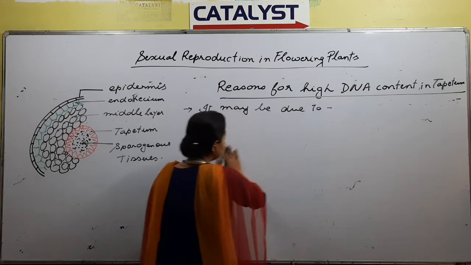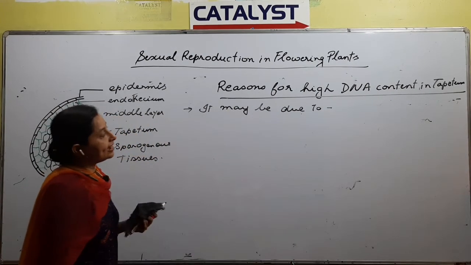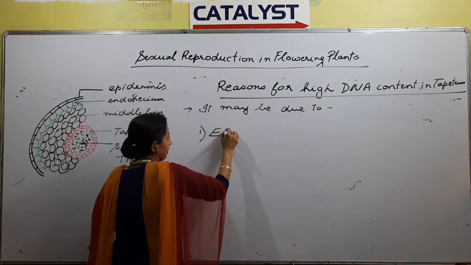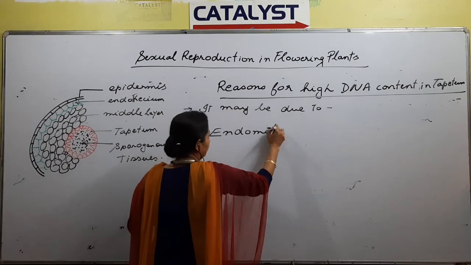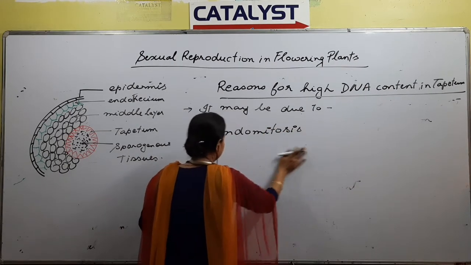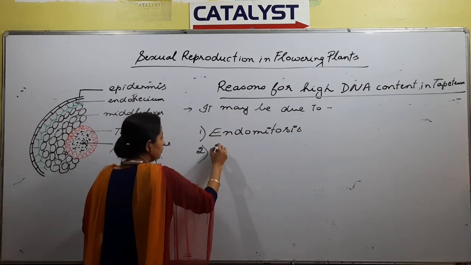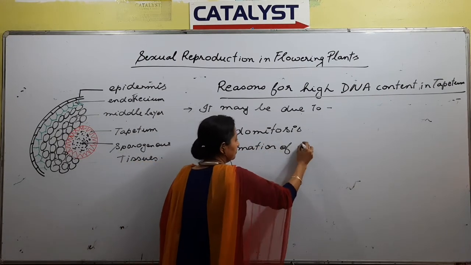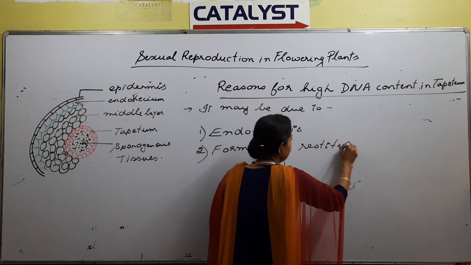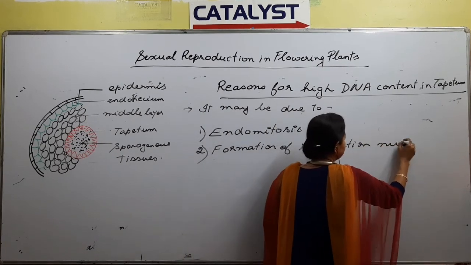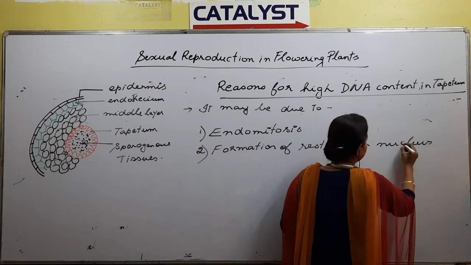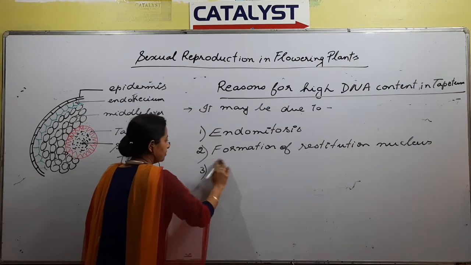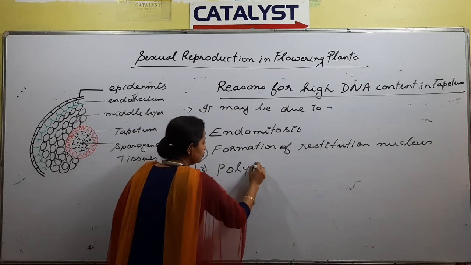So DNA content basi thakar reasons ki, it may be due to endomitosis, right? It can be due to formation of restitution nucleus, or it can be due to polytene condition.